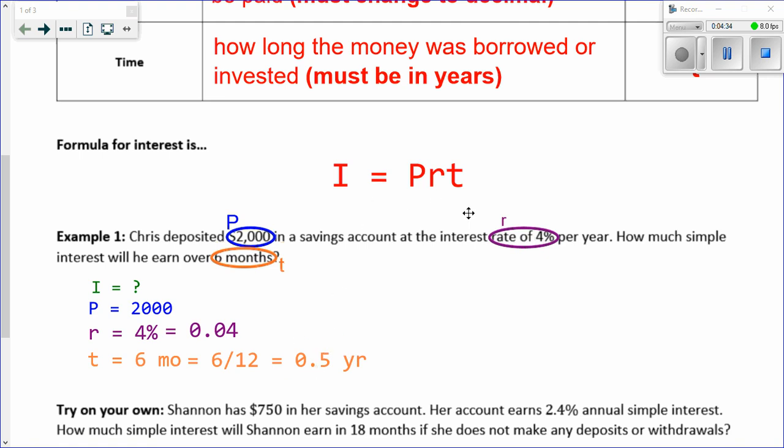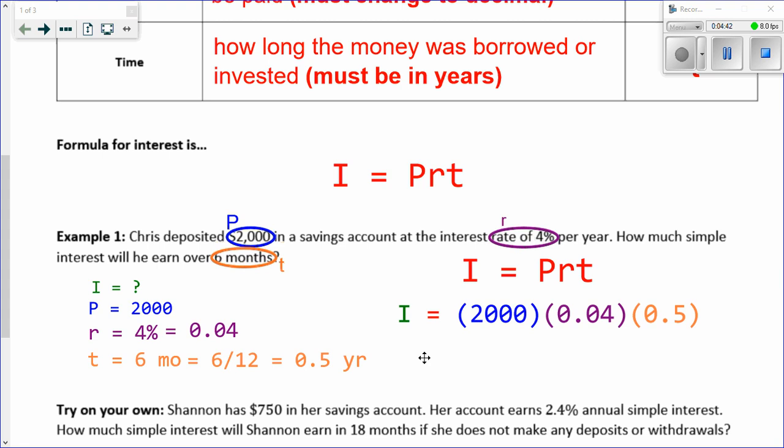So now I'm just going to go ahead and fill in this formula. I don't know I, so I'm going to leave it as I. P, I do know. R, I know. T, I know. So I go ahead and fill those things in. Okay? And now all I have to do is just multiply these 3 numbers together, and I'll get my interest. So I multiply 2,000 times 0.04 times 0.5, and the interest is $40.